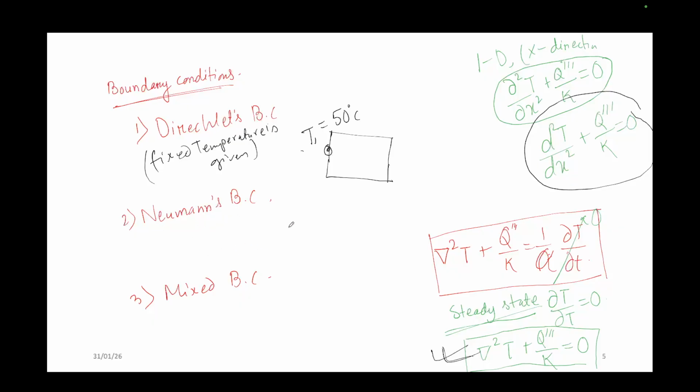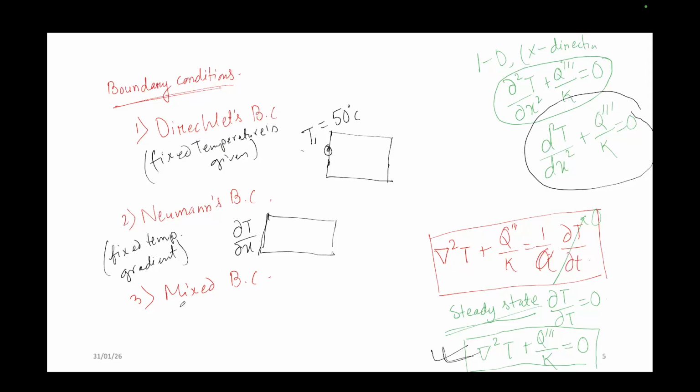For the Neumann boundary condition, it basically represents that at a wall, say there are two walls, this wall and this wall, at this wall you are given dT/dx. That means a fixed temperature gradient is given. So what basically is temperature gradient? What does this imply?